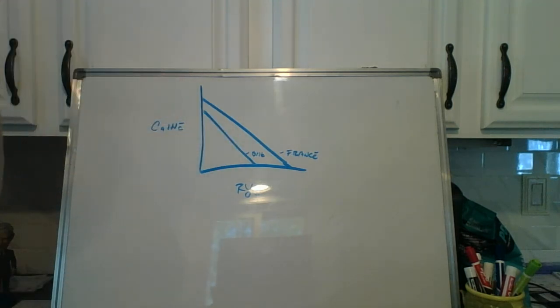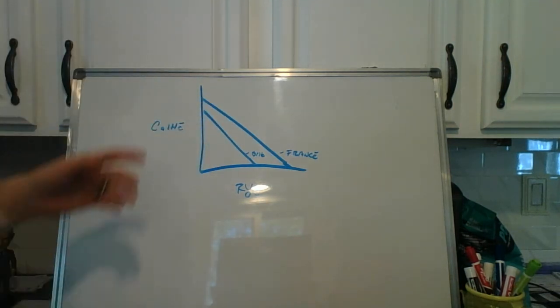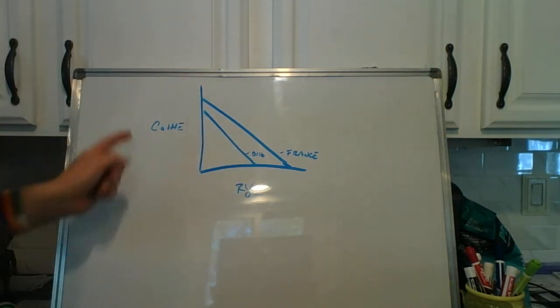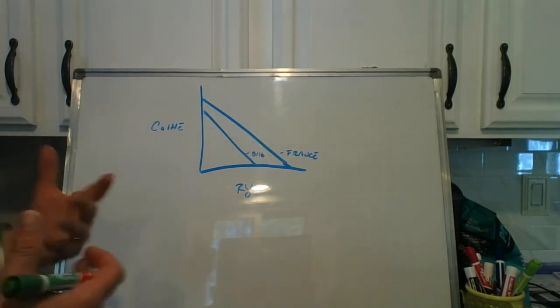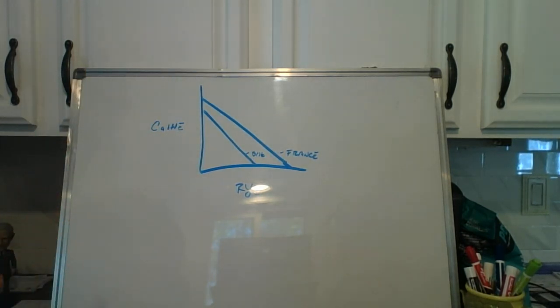You might be able to just look at the slopes and see France is clearly better at both things than Britain, and do it that way in your head. Because this was only a multiple choice question, I don't trust my math skills enough to do that. So I decided I'll just put in my own numbers, and then I'll work it out that way. Okay, so let me do that.